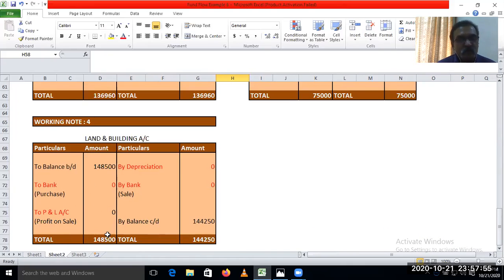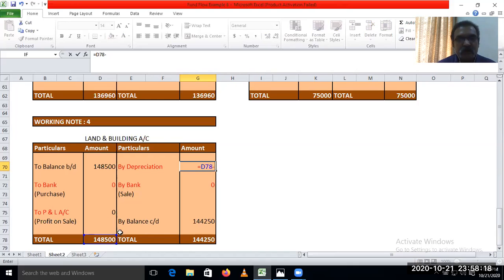If we try to close down this account, debit side total is 1,48,500. Credit side total is 1,44,250. Again, there is a difference. Something is missing on the credit side. So obviously on priority basis, we will assume that this difference in the balances is on account of depreciation. So we'll find out the depreciation.